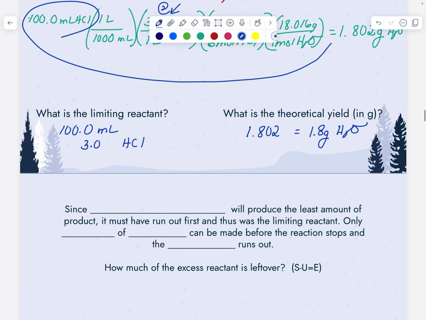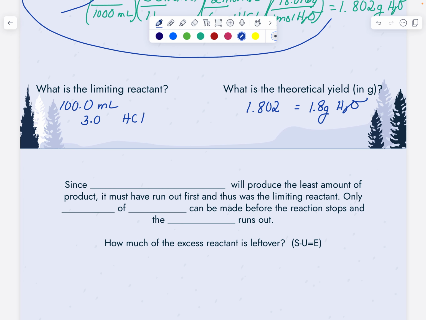Let's put this into our concluding statement. Since the 100.0 milliliters of 3.0 molar HCl will produce the least amount of product, it must have run out first, and thus was the limiting reactant. Only 1.8 grams of water can be made before the reaction stops and the HCl runs out.